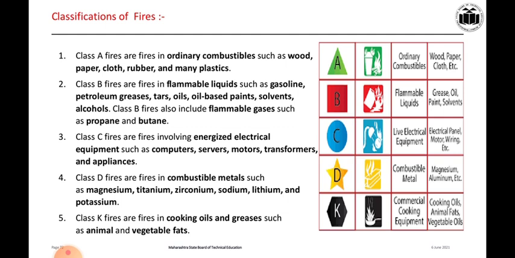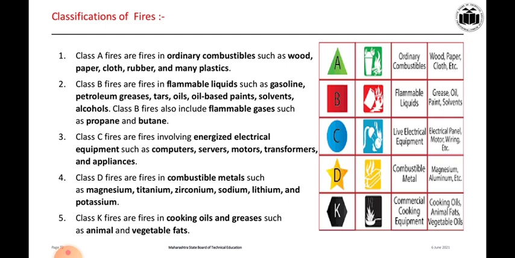The flammable gases also come in the class B category, that is propane and butane. Then class C fires involve energized electrical equipment such as computers, servers, motors, transformers and appliances. We know that for the transmission of electric current, transformers also contribute.